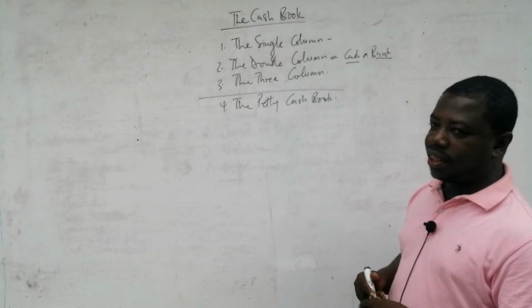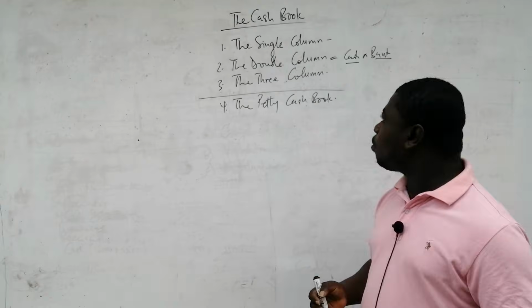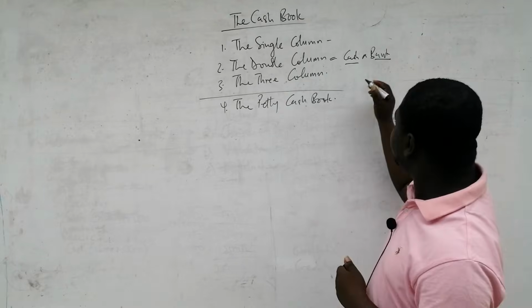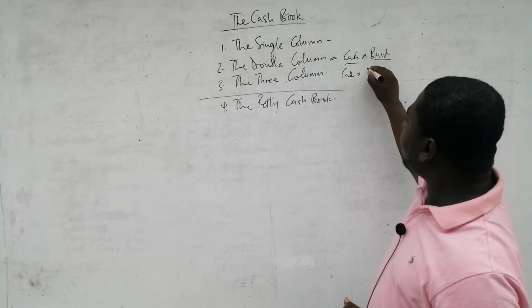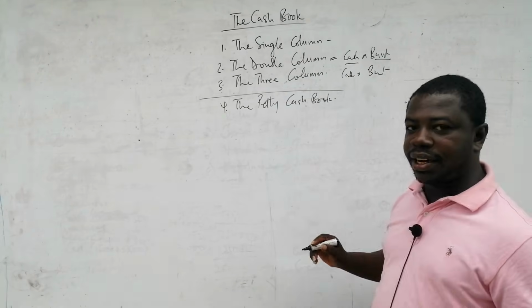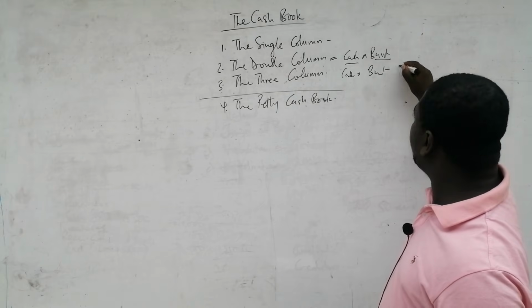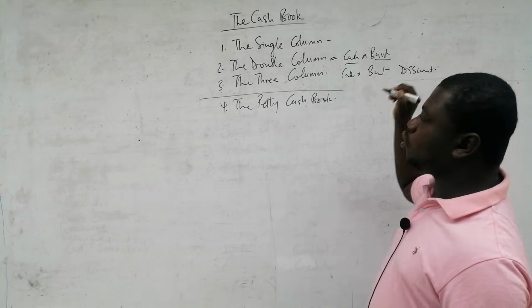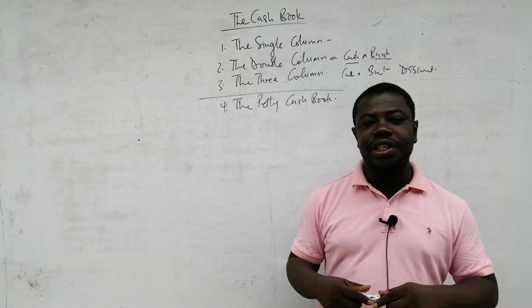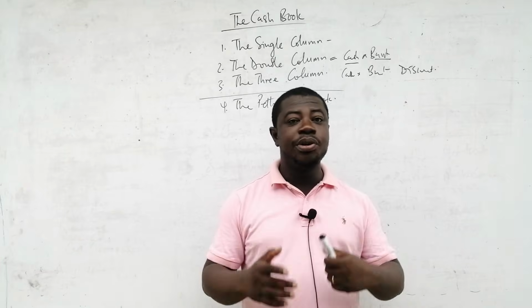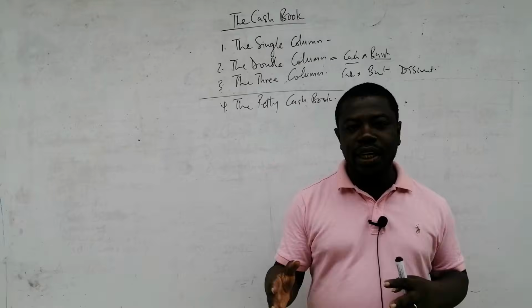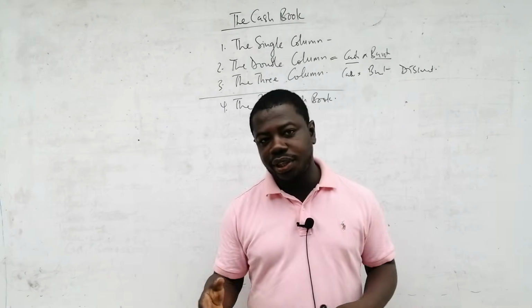And when we come to the three column cash book, the three column cash book will have the same cash and bank columns for both debit and credit, but with an additional column for discounts. And so we take into consideration the fact that discounts could be received or allowed in our dealings with our customers and with other people.